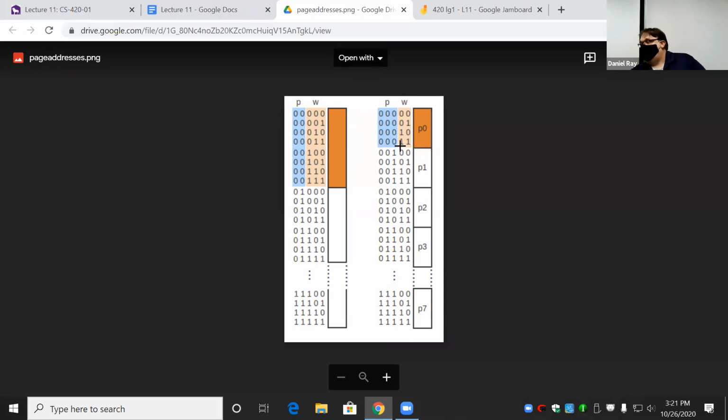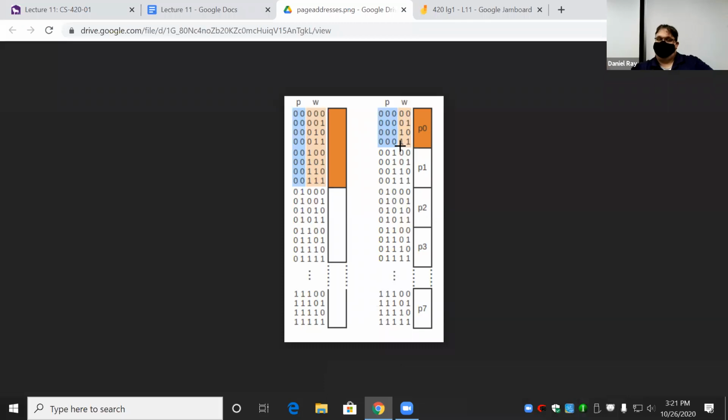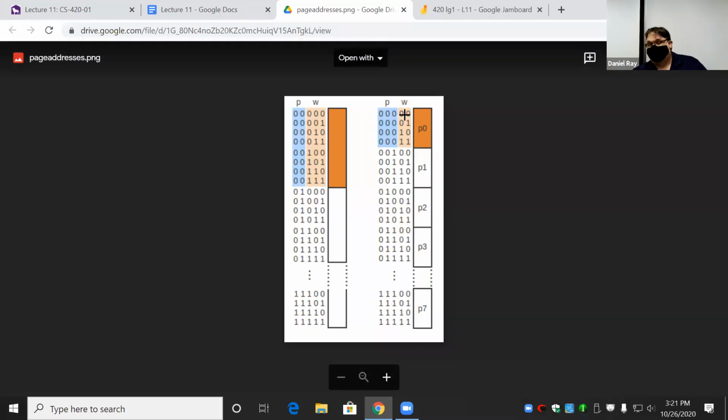It's not how you want to look at it. We can think of it either way. If we use 2 bits to indicate the size of the page, then the page will only be 4 words long. If we want the page to only be 4 words long, we should just use 2 bits, the last 2 bits in the address, because then 00000 encompasses all 4 of the possible words in that page.